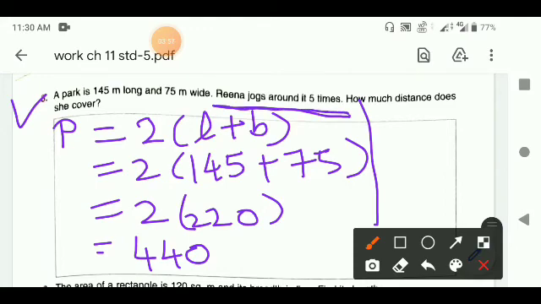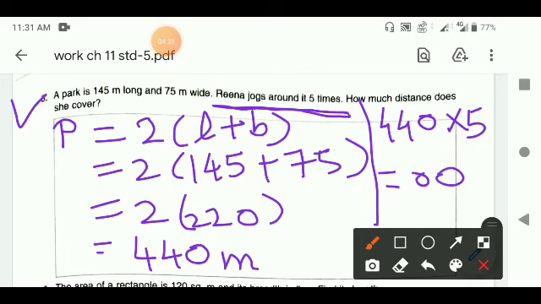If she jogs around 1 time, the distance will be 440 meter. But here she jogs around it 5 times. So we have to multiply this length by 5. So 440 meter into 5. If we multiply this, we will get 2200 meter.